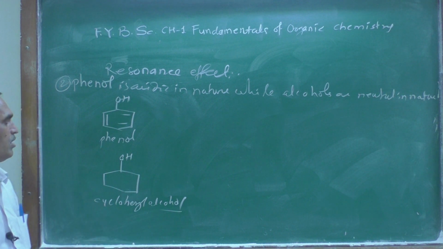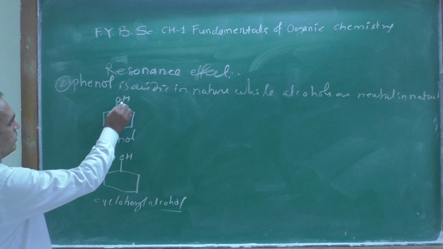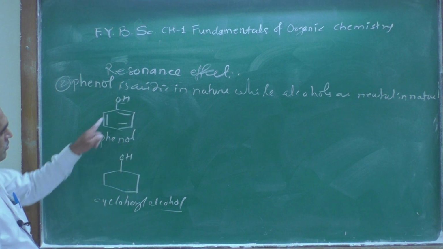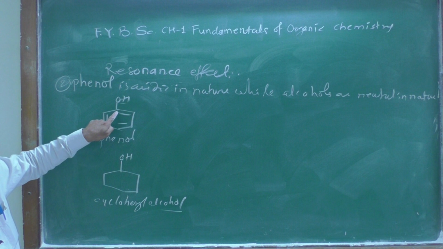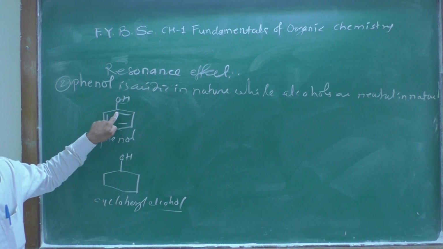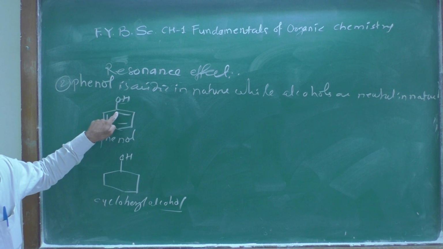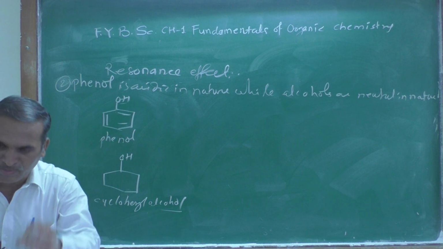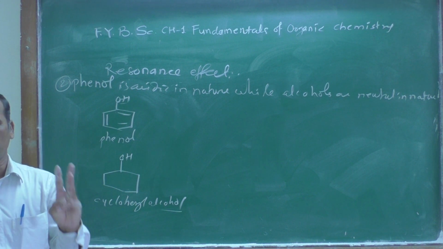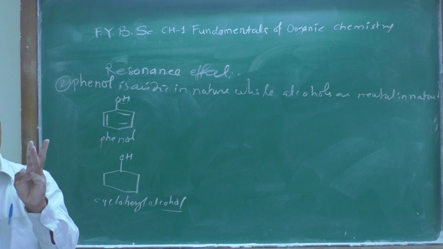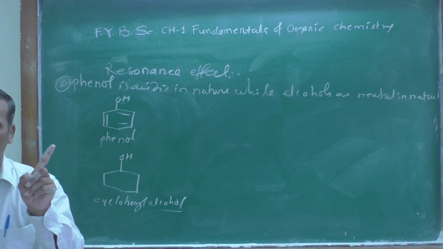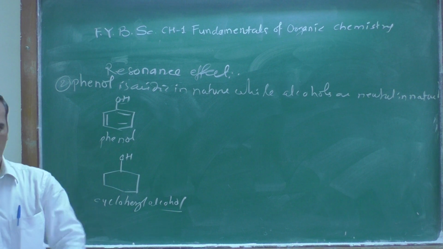What is the reason? Just remember the OH is attached to this carbon atom. Look at this carbon atom. What type of hybridization does it show? In organic chemistry, there are three kinds of carbon atoms: sp3 hybridized, sp2, and sp hybridized.